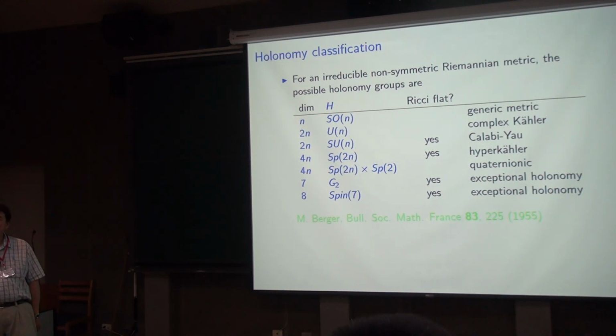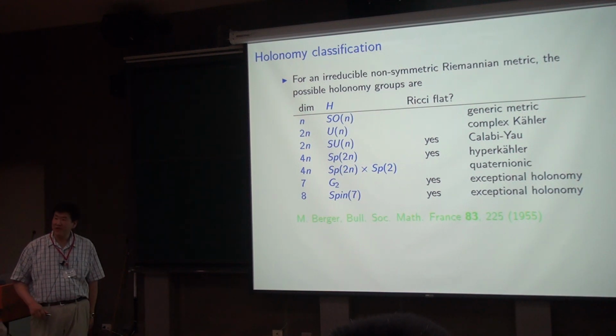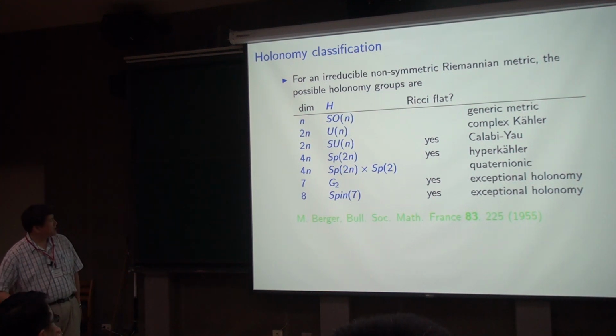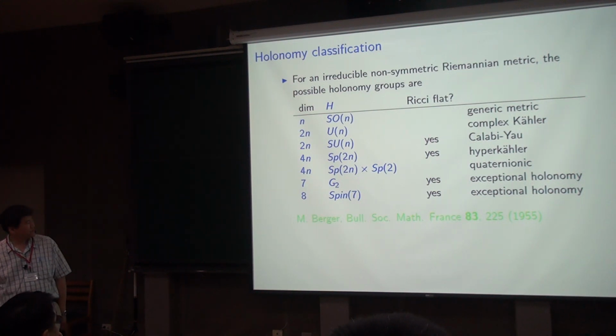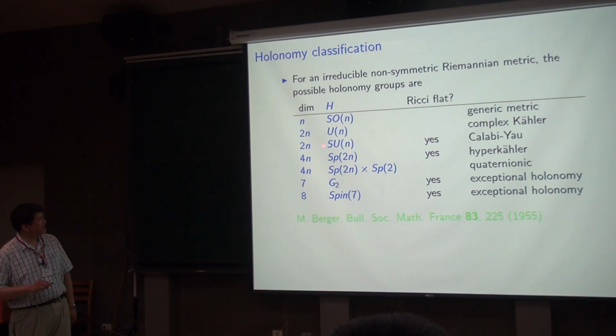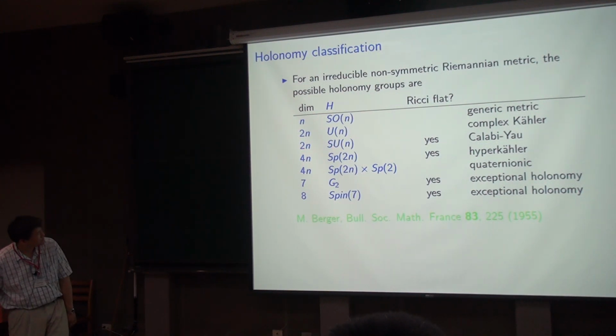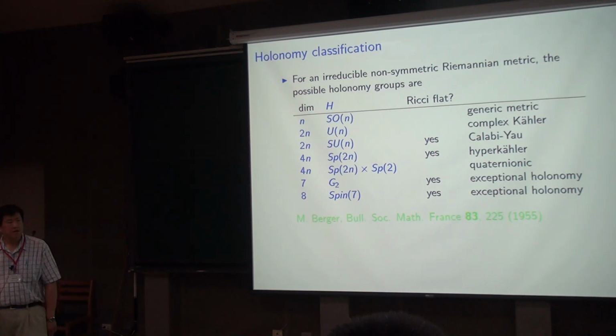As I said, if you want supersymmetry, you want Ricci flatness. And so only some of these holonomies are compatible with Ricci flatness. Probably the most famous example might be the so-called SU(n) ones over here. For SU(3), which is a 6 real dimensional manifold, SU(3) fits inside SO(6) after all. And you end up with what's called a Calabi-Yau.